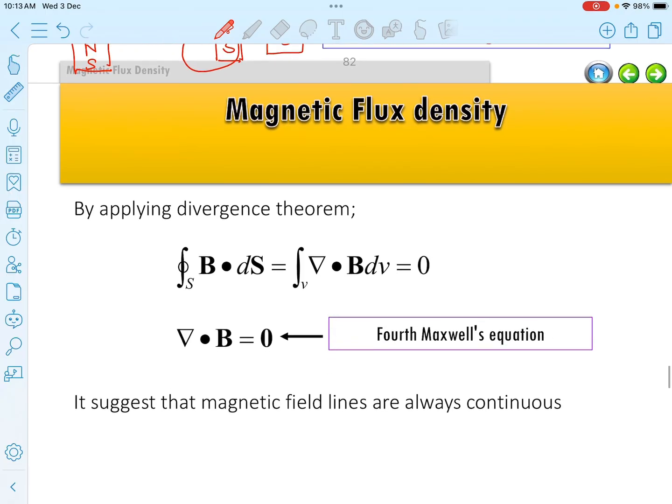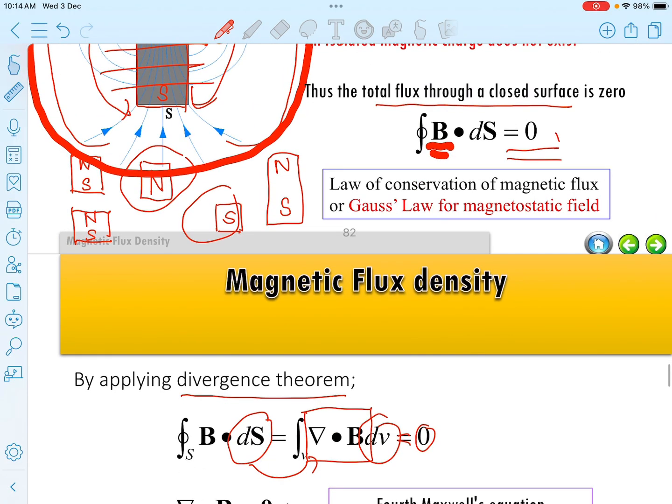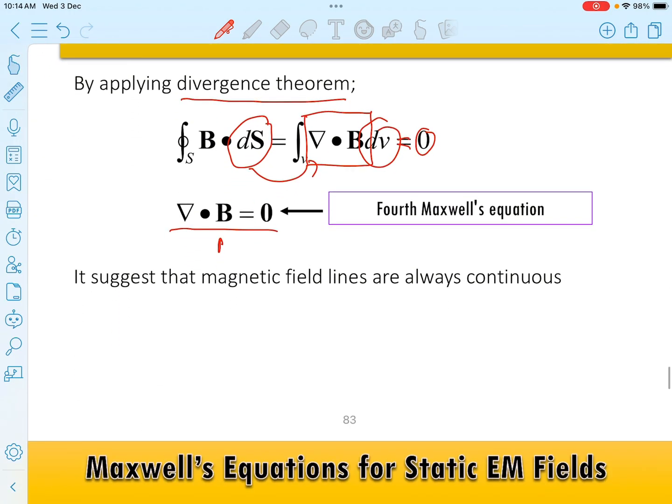If you apply the divergence theorem, which is a transformation from the surface integral to the volume integral, after we transform it, we know that it is equal to 0. So we can say that the divergence of the magnetic flux density is equal to 0. This also represents the same thing as over here, we just write it in a different form.